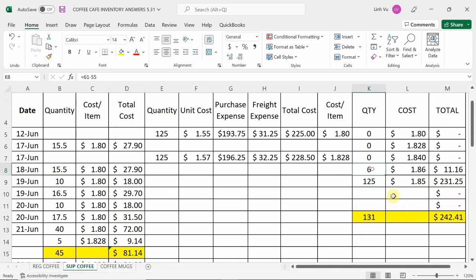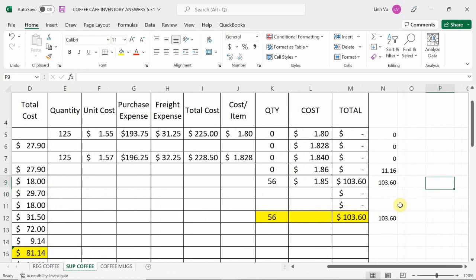So that 6 pounds is gone now. And 125 minus 69 gives us 56 pounds left for $103.60. And now we can go back to the general journal.